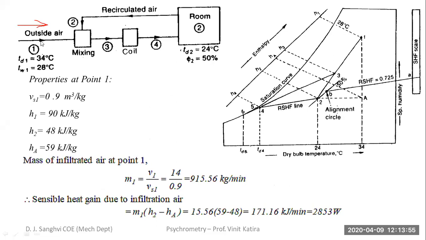Mixing of outside air and the room air is first taking place, and then that mixture is sent to the cooling coil. And then after cooling, the air is sent to the room to absorb the heats inside the room. So first you need to draw this diagram with the given numberings.